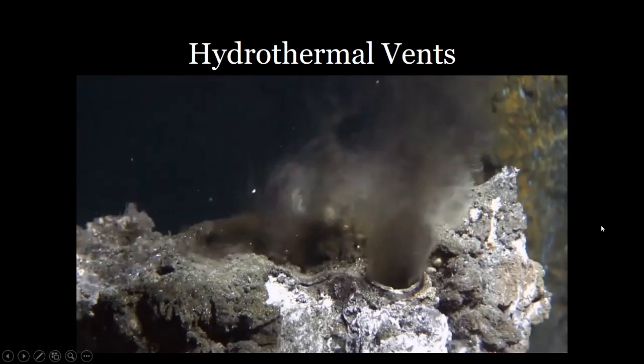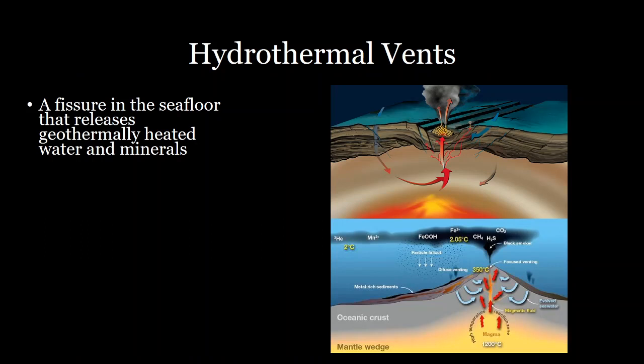Yeah, so as the video said, hydrothermal vents can be extremely hot and produce very interesting topography and host a wide range of interesting biology. So just like a hydrothermal feature on land, a hydrothermal vent is formed when water seeps in through cracks in the ocean floor.